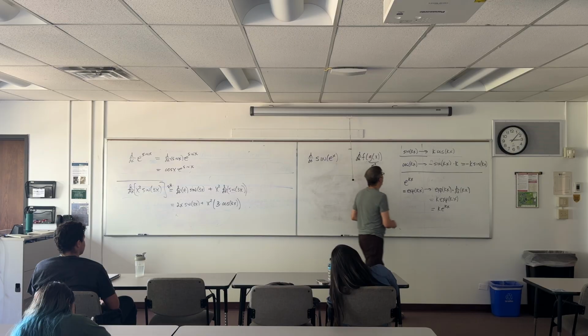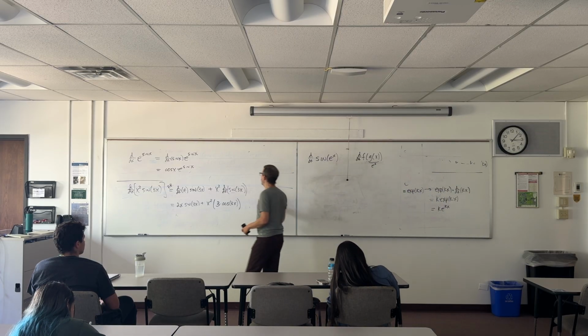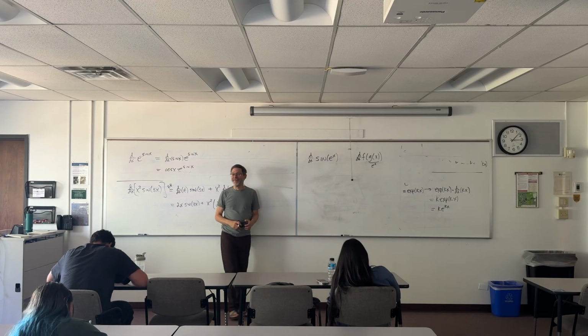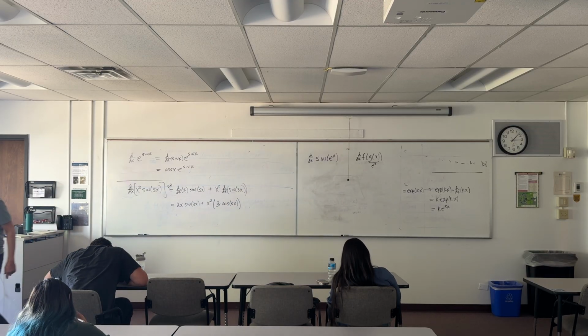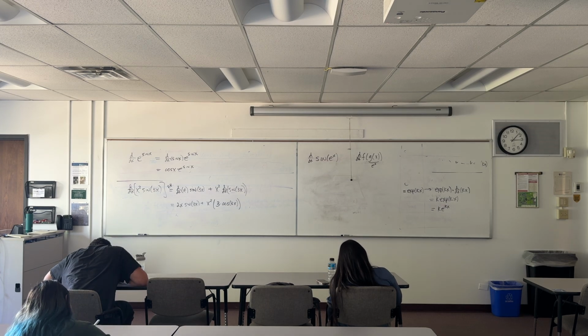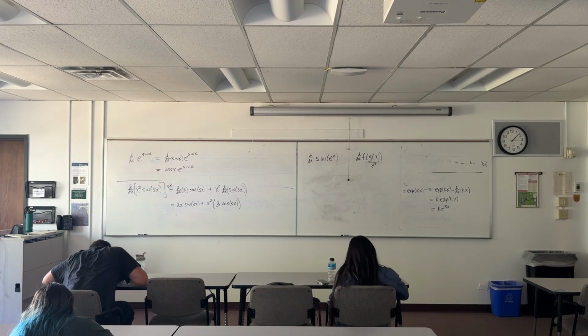If you are done with that, and you might be, could you find its second derivative? So take the derivative of the derivative. I'm going to come around and see where folks are at. So what's the outside? Yeah, what's the derivative?